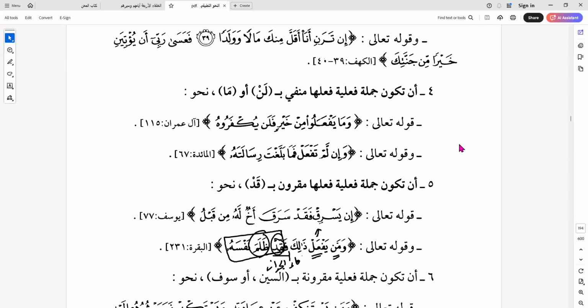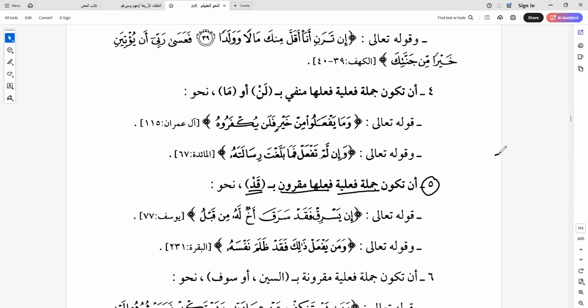So you can see again the fifth rule is saying that anytime the jawab al-jumla is jumla fi'liya, but the fi'l has been attached with qad, or the fi'l is coupled with qad, or the fi'l is associated with qad, then you have to introduce fa.